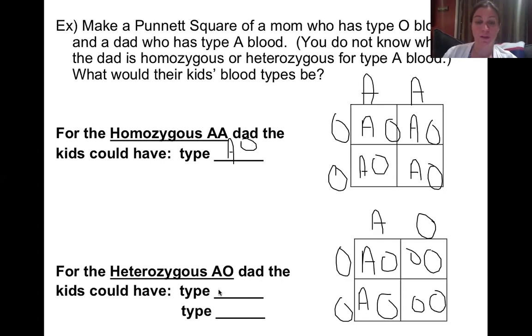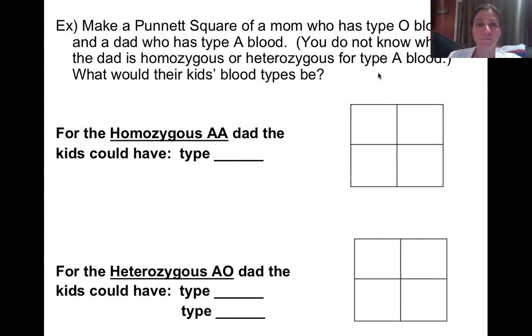The kid could either be AO, 50%, 2 of the 4, or they can be OO, 50%, 2 of the 4. So it does make a difference if dad is either AA or AO, because it is changing the probability of what the child could have.